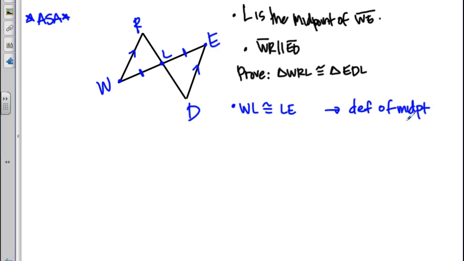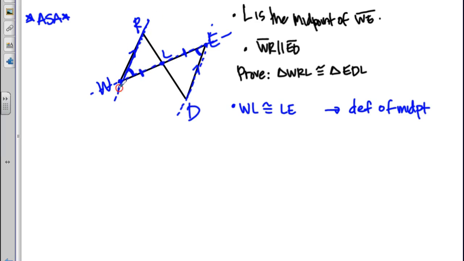All right, so now what else do you know? Since WR and ED are parallel to each other, if we extend these parallel lines out and maybe get a little transversal going on here, and we could do either transversal, maybe this one right here, we know that angle E and angle W are congruent to each other.